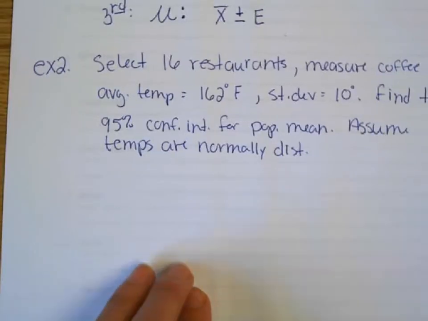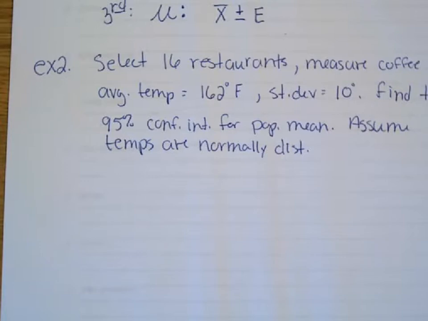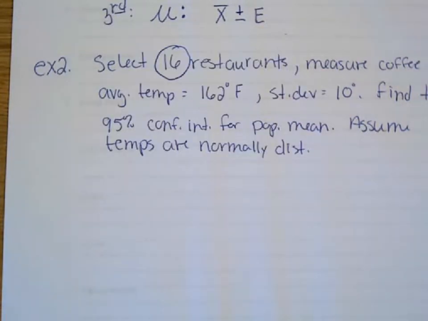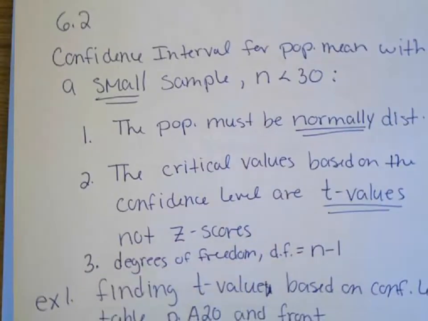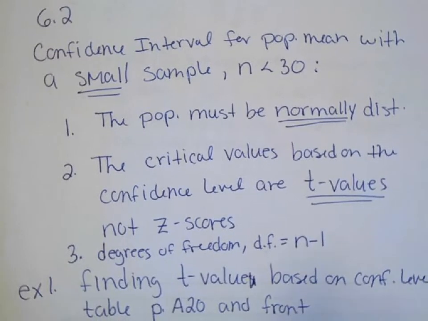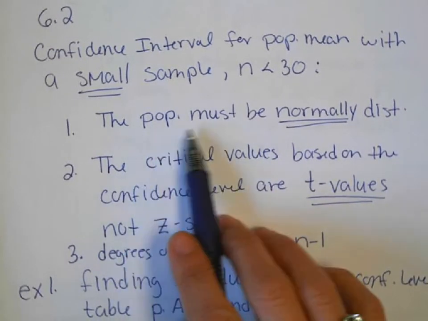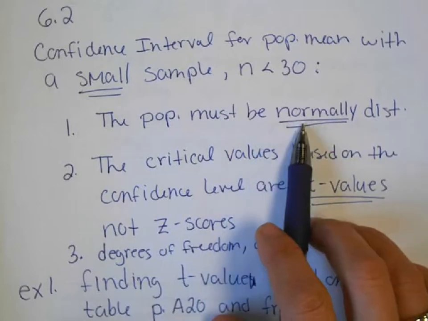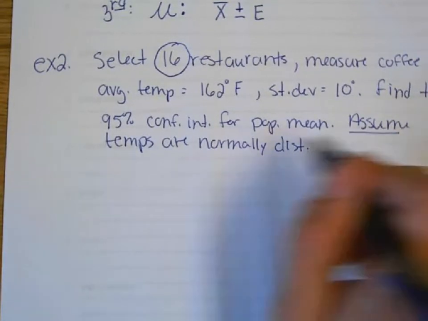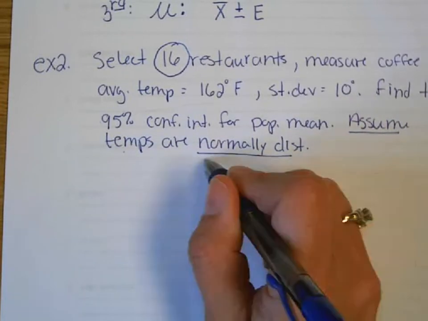Now, if this is a test, the first thing I focus on is my sample size. That tells me small sample. If I've got a small sample, in order to move on, what else must I check for? The population must be normally distributed. Do they tell me that? Right here, assume temps are normally distributed.